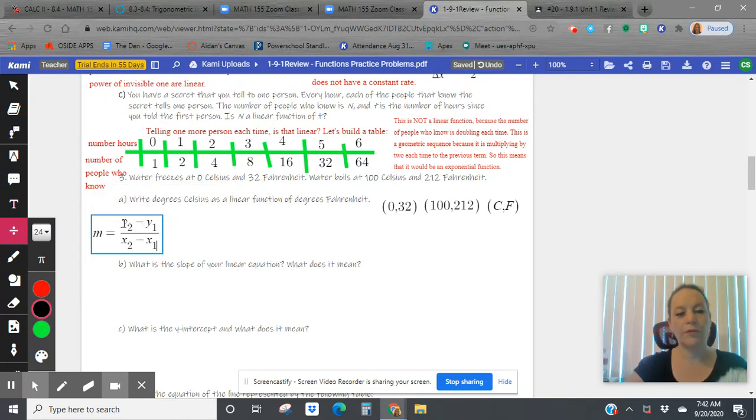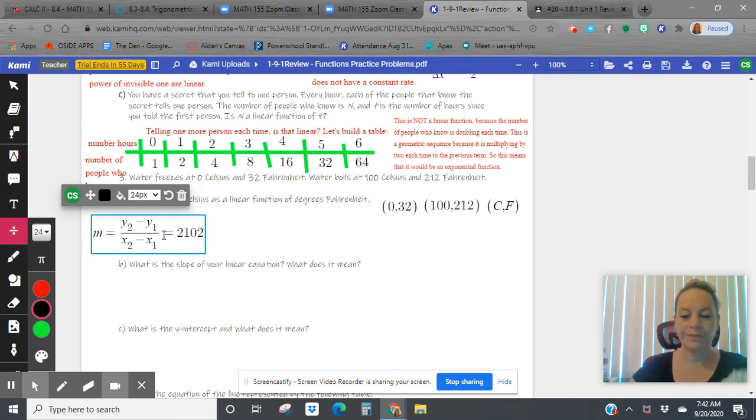Right, so our slope formula goes y2 minus y1 over x2 minus x1. So we're going to plug in the 212 minus 32 divided by 100 minus 0.